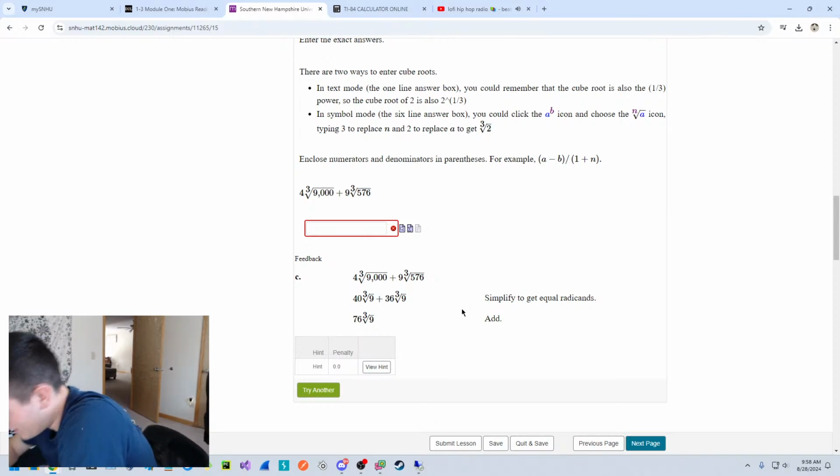I can't figure out how to add this, bruh. There's no way I'm doing this in my head. This is crazy.